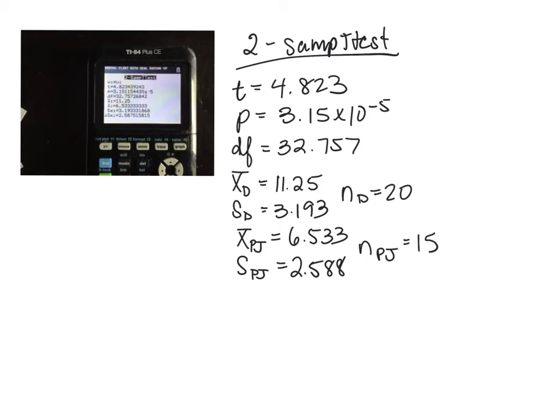type up our conclusion here, since my p-value of 0.0000315 is less than my alpha of 0.05, I reject the null hypothesis.